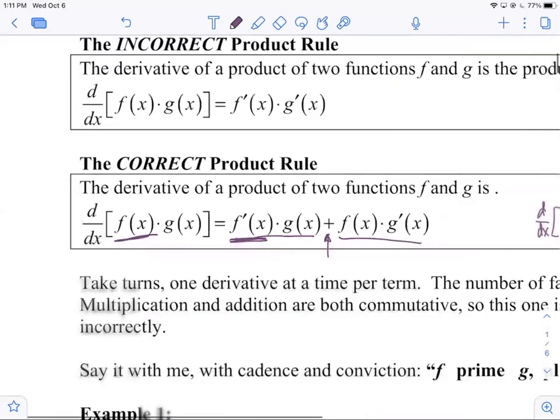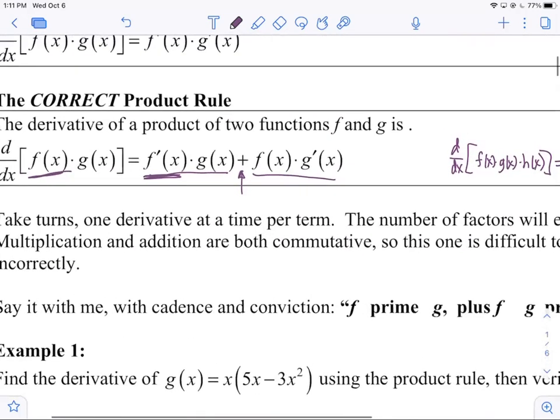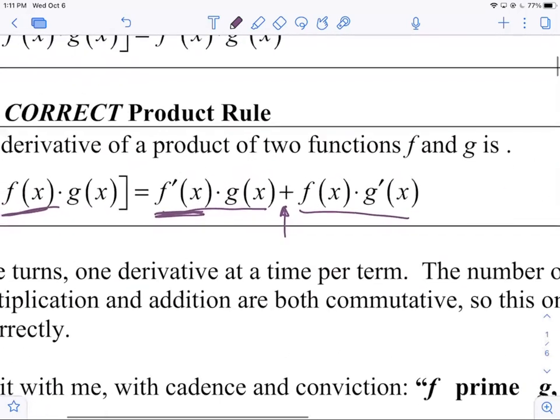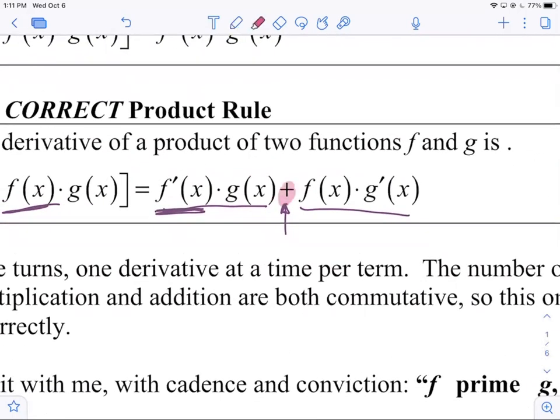That doesn't work. One at a time. And the reason it's hard to mess up is because you're always adding them together, and addition is commutative, and you're multiplying them, and multiplication is commutative. So really, you could do them in any order you want. Just make sure that each factor gets the derivative taken of it, and it gets its own term. It shines in that term, okay?